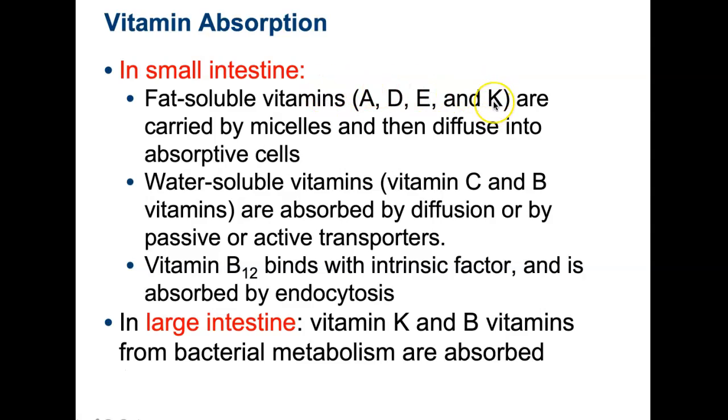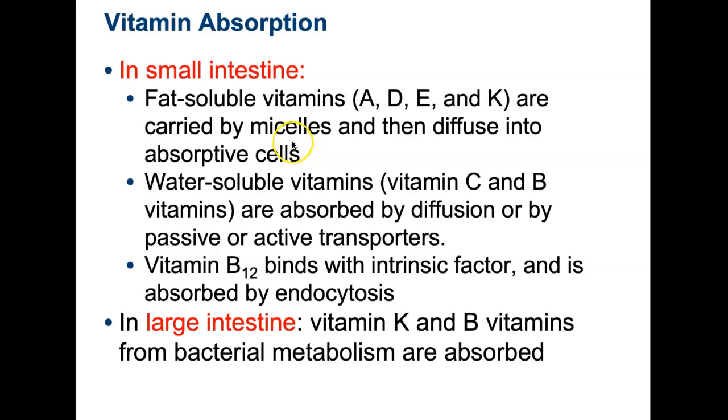We have vitamin K. Remember, that's going to help make clotting factors in the liver. So we have fat-soluble vitamins that are absorbed in the small intestines, and because they're fat-soluble, to get through the water into the small intestines and be absorbed, they have to be packaged in these micelles.